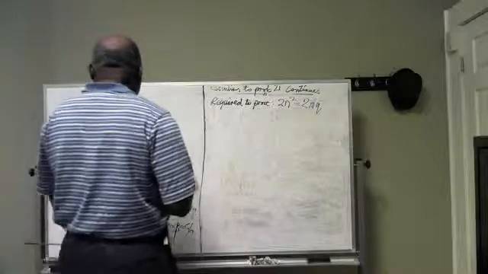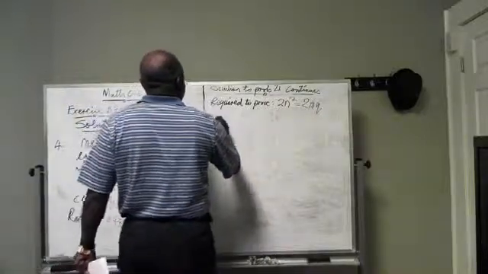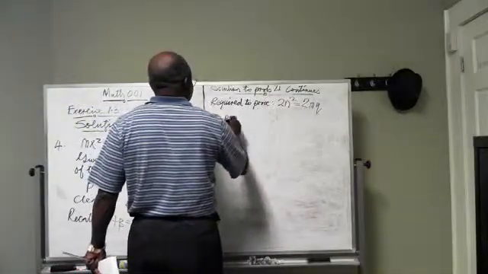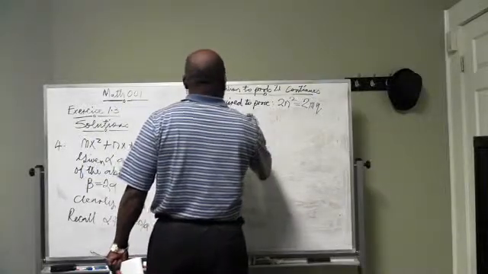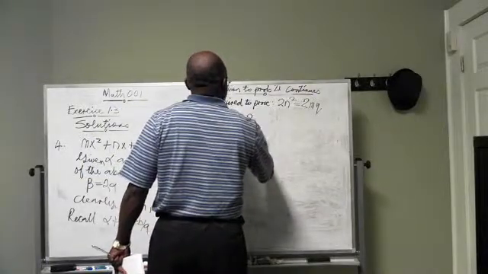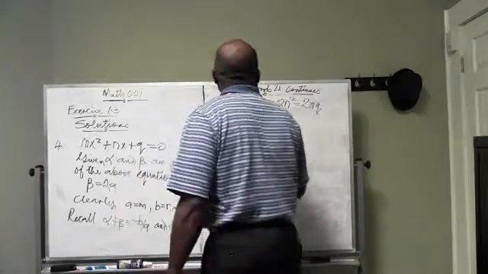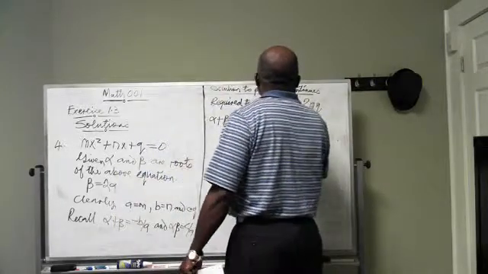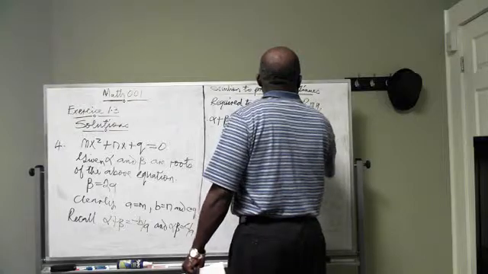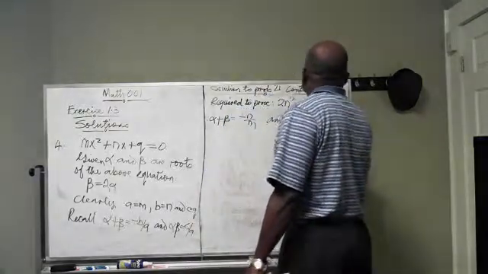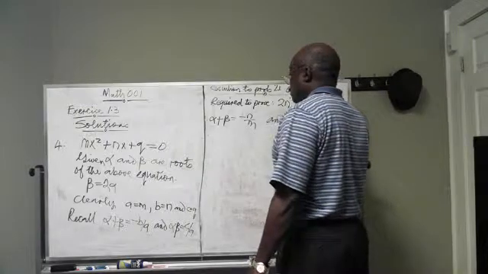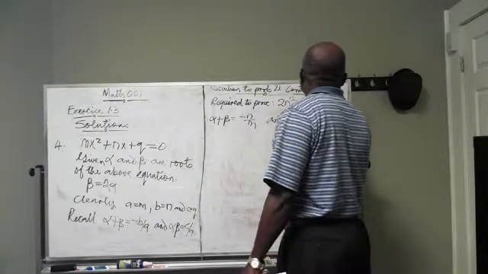Now we know from this that alpha plus beta equals minus n over m, and alpha beta equals q over m.